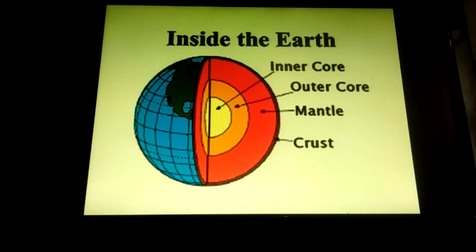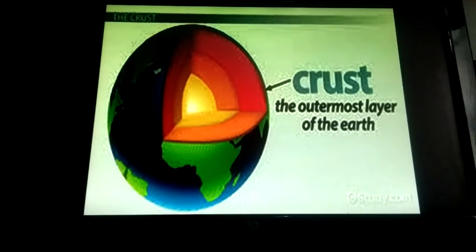Okay students, first let us see about the crust. What is the crust? The crust is the outermost layer of the earth.